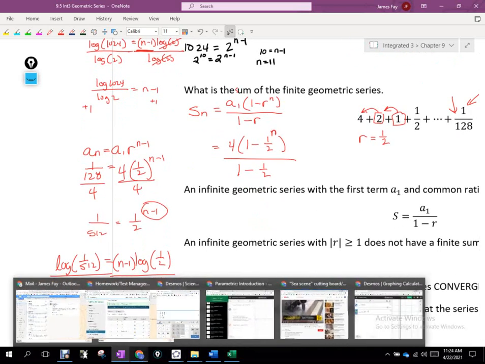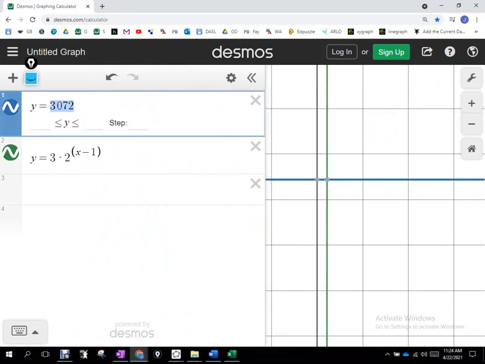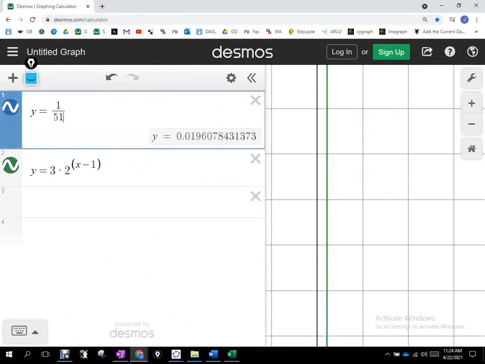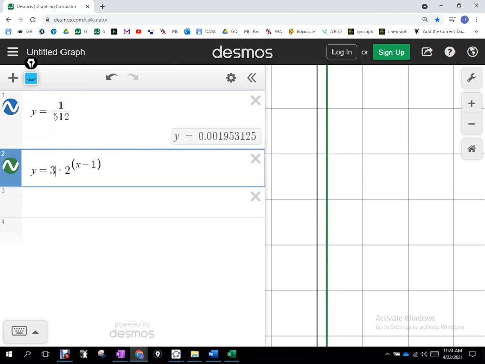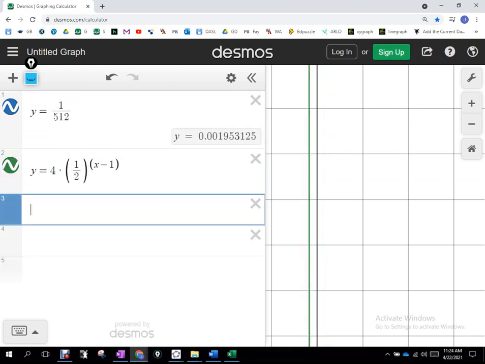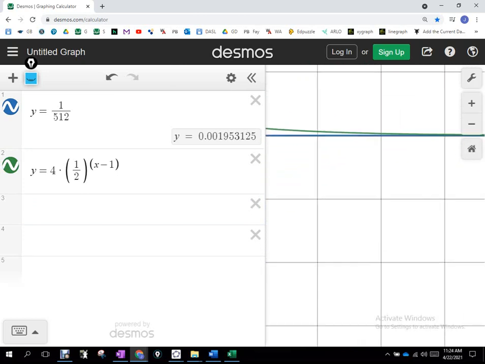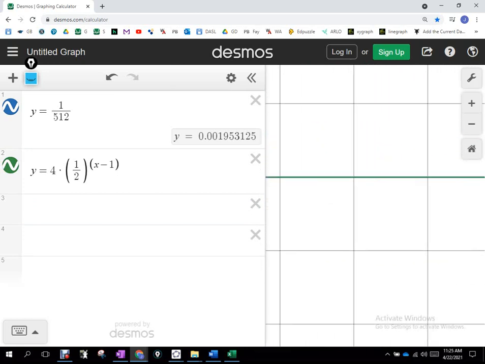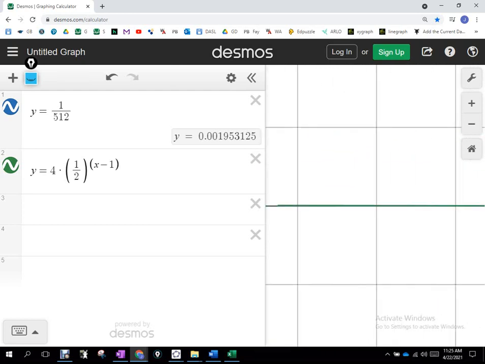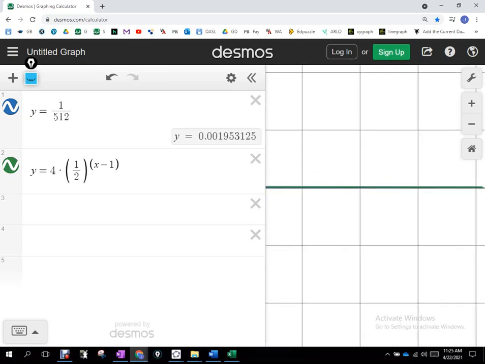But graphing, could we do it this way? So I've already got this. Let's just say 1 over 512, and then this would have been 4, this would have been 1/2. Now I've got to go find that 1 over 512, so it's going to be down here, and we've got to find that intersection point, which here might not be as easy.